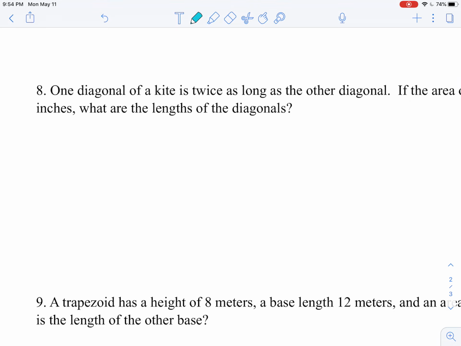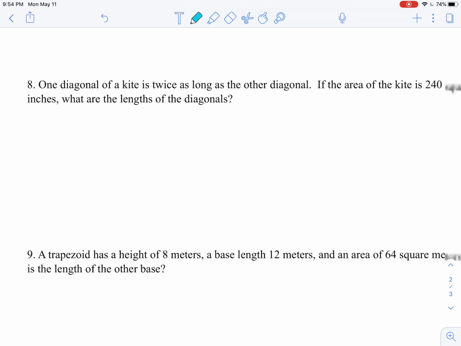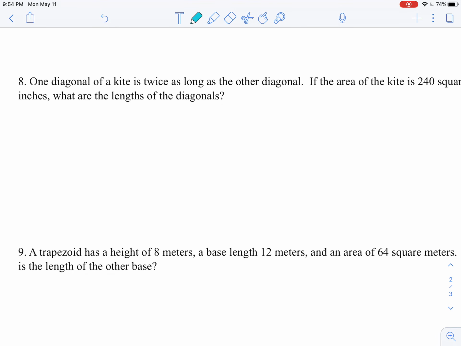Okay, question number 8. One diagonal of a kite is twice as long as the other. If the area of the kite is 240 square inches, what are the lengths of the two diagonals? So let's call the first diagonal plain old x. The second diagonal is twice as long as the first, so we can call that one 2x. A kite has the same area formula as the rhombus.